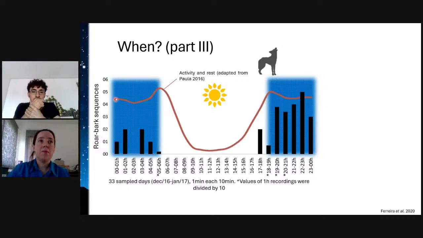And you may see that it does follow the vocalizations reasonably well, but when it gets to sunrise, to dawn, there's a peak in activity, but it is not followed by a peak in vocal activity. And naturally, one of our new questions was, why is that? Why is it active at dawn but not vocally active?